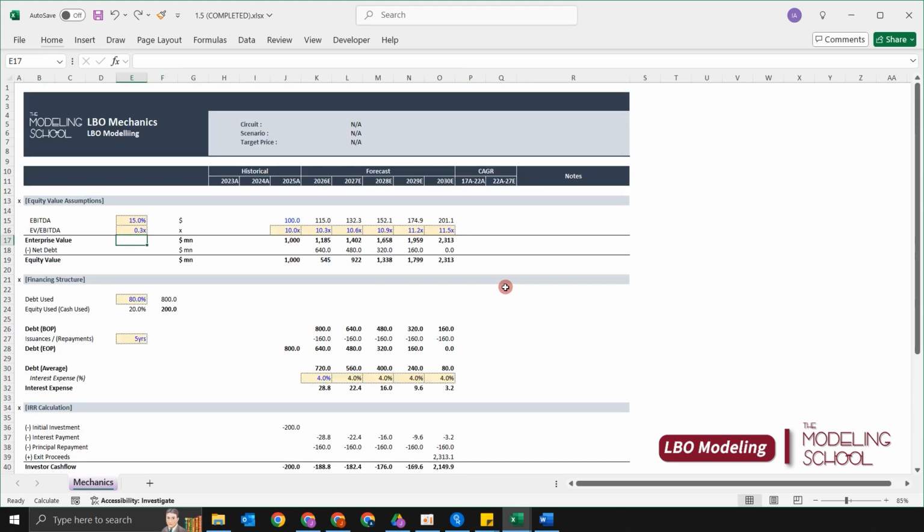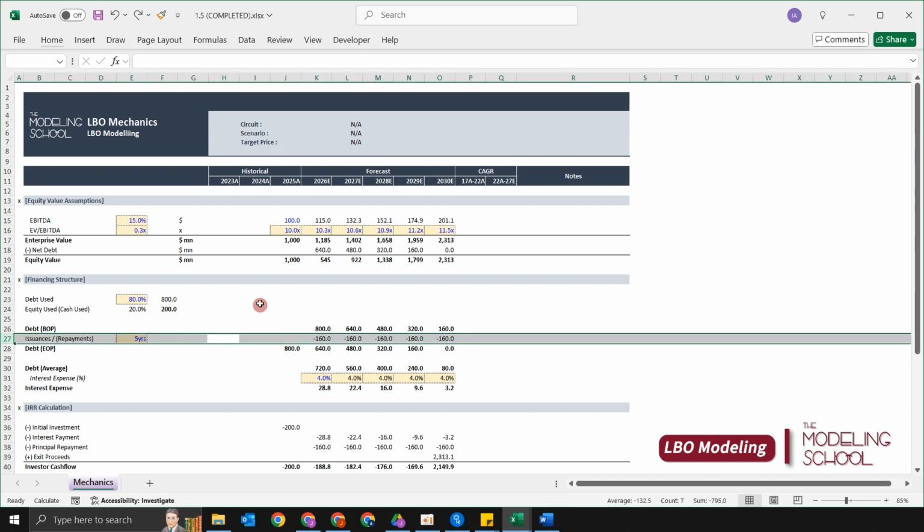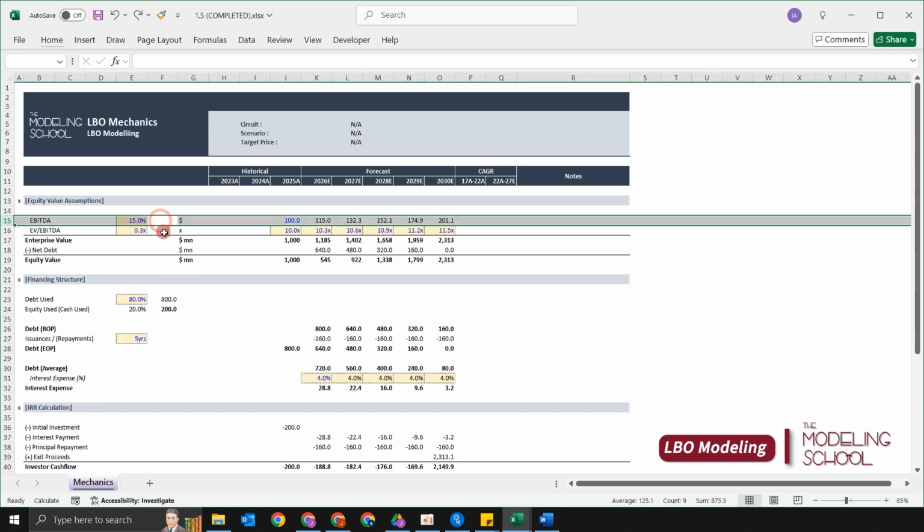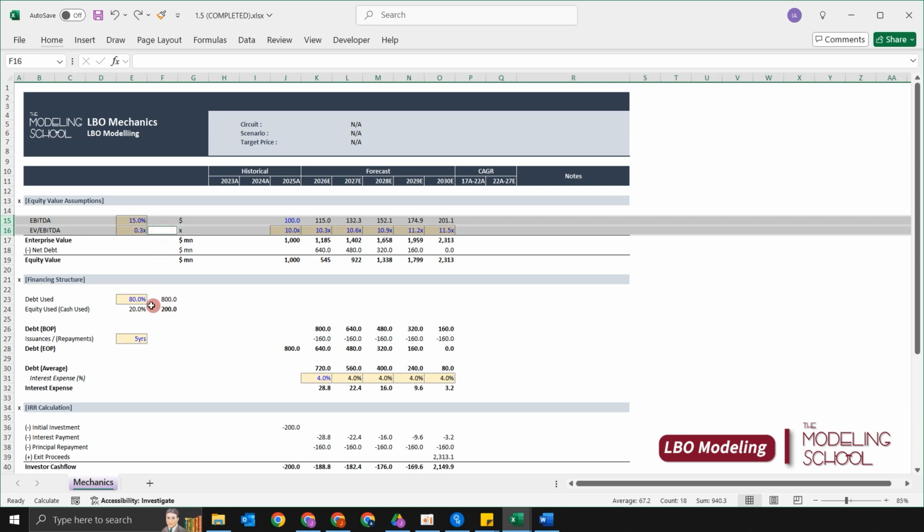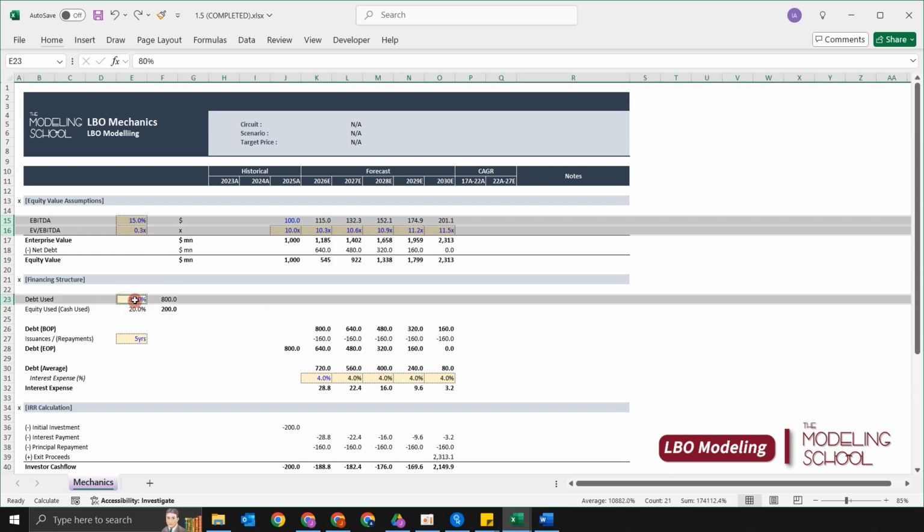So what we can learn from this simple mini LBO model is that the IRR profits come three ways. They come from EBITDA expansion, EV/EBITDA multiple expansions, and leverage. What the private equity firm wants to do is, well, initially it's aiming for all three, but at least two.